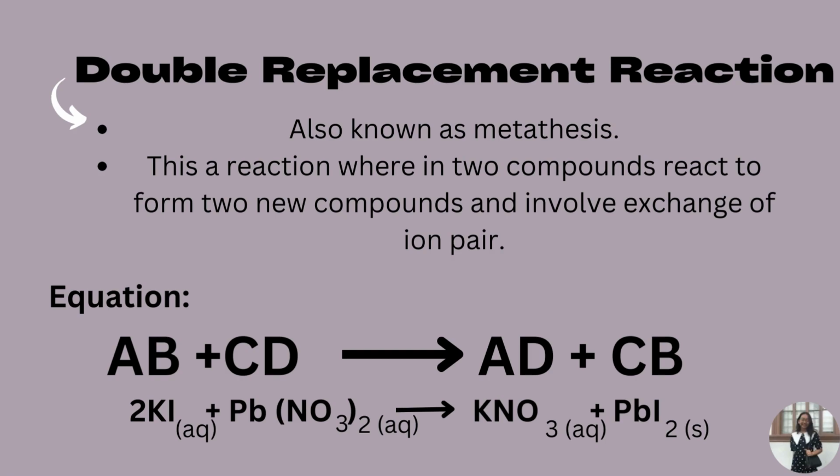Ang partner ni A ay D at ang partner naman ng C ay B. For example, potassium iodide plus lead nitrate nag-undergo ng double replacement reaction. So magiging potassium nitrate plus lead iodide.